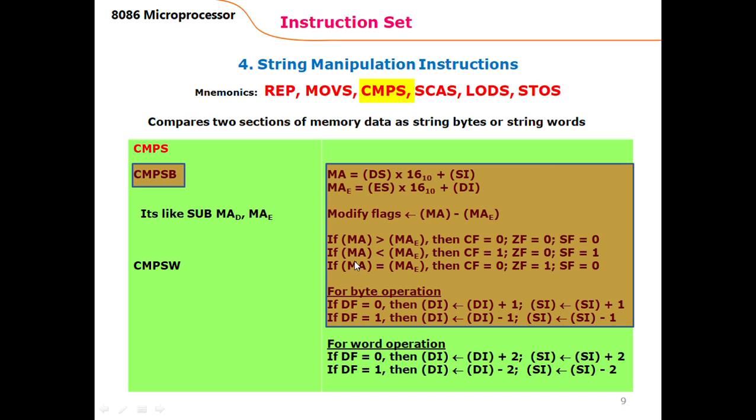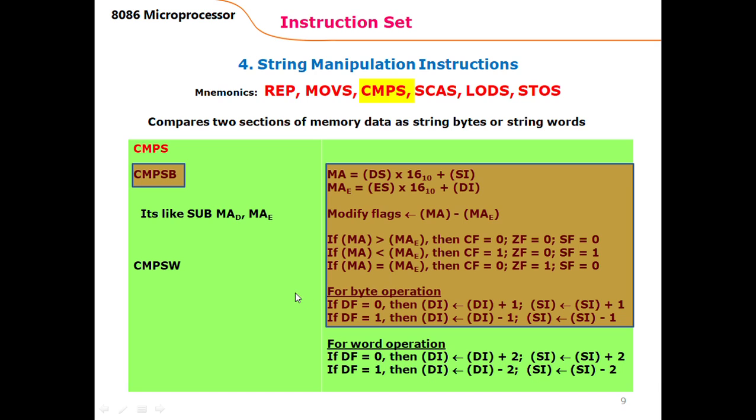If MAD is smaller than MAE, then of course a borrow is required, so the carry flag is 1. As one is smaller than the other, the result is not 0, so the zero flag is still 0, and the sign flag is 1 because the result would be negative. And if the two values are equal, the carry flag is 0 because no carry is needed, the zero flag is 1 because the result is 0, and the sign flag is still 0.